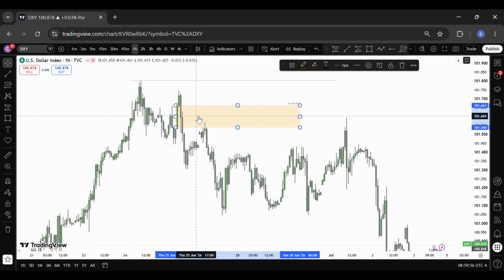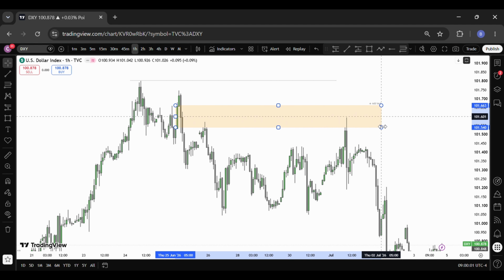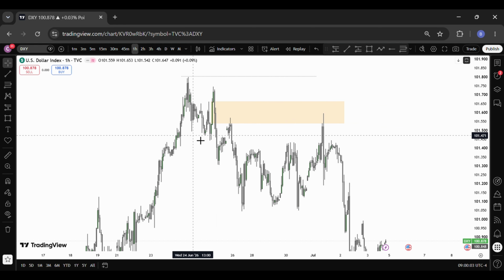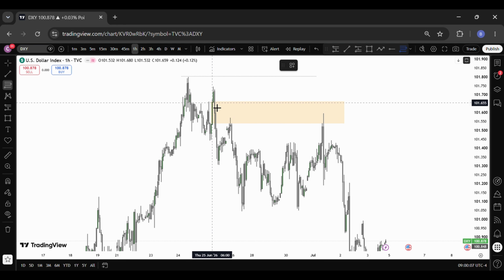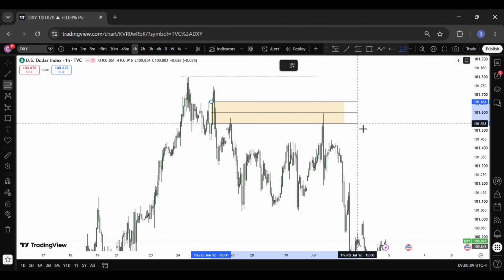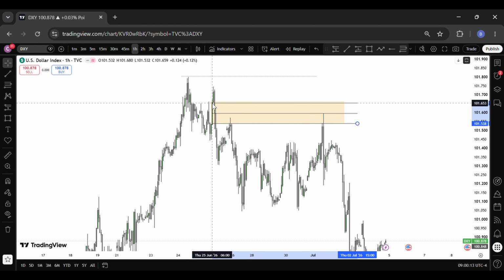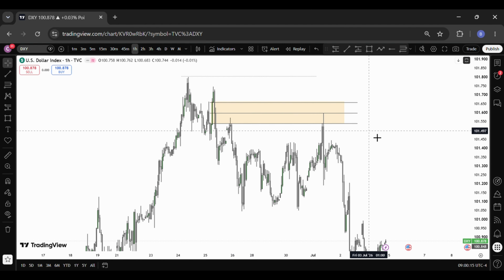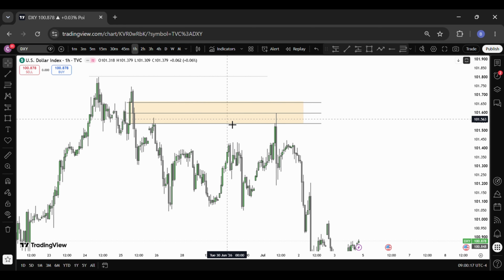So you can call this a BPR, or you can call this an inversion fair value gap. And what would you do? You anticipate price reaching into this particular inversion fair value gap. Because the gap is huge, you can bring your Fibonacci retracement and sell from the 50% of the IFVG.